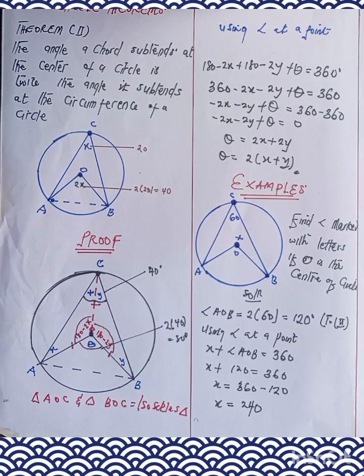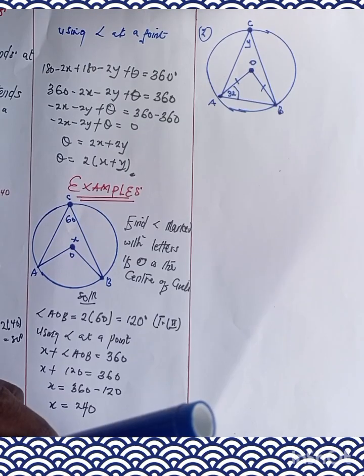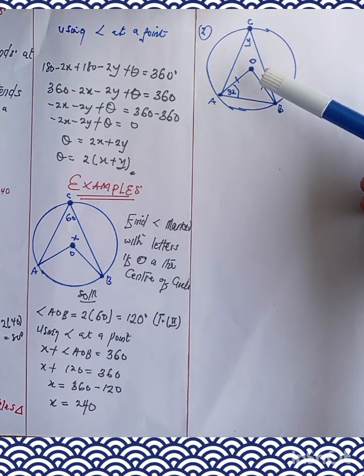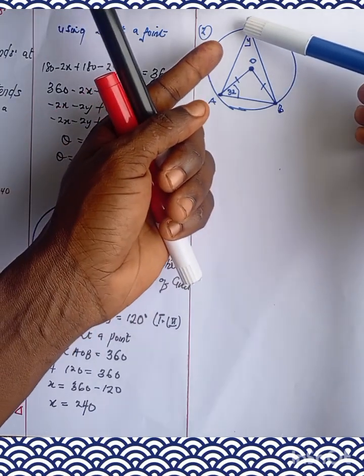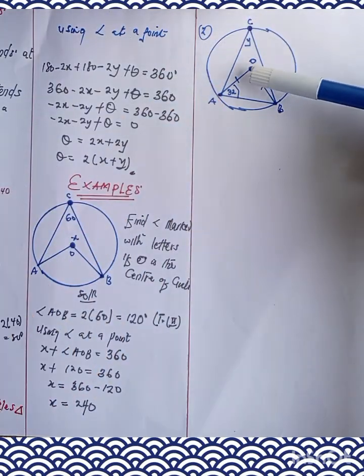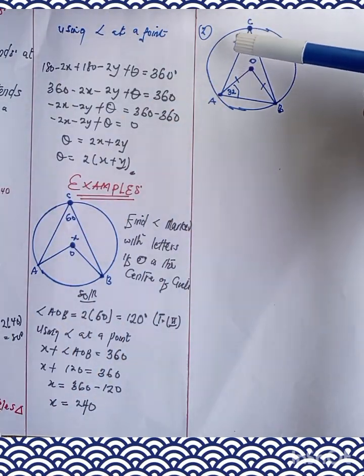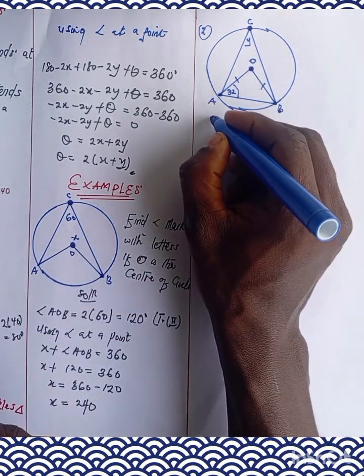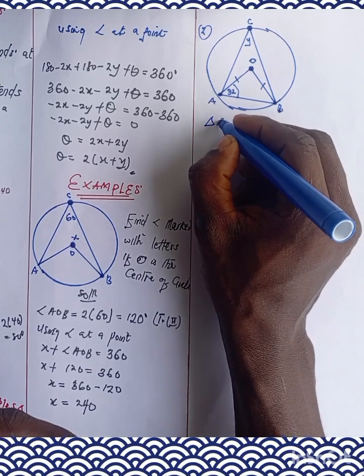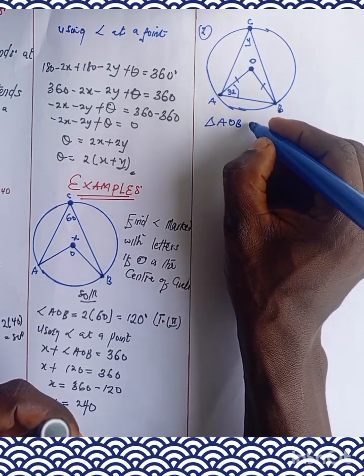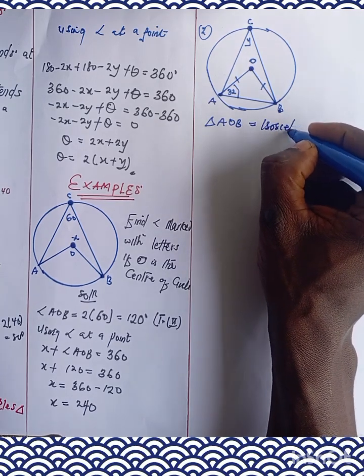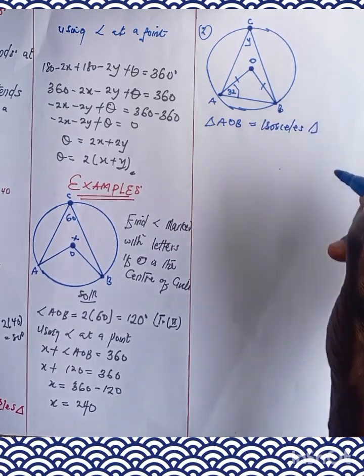Good. Now let's take the next example. So example 2, we have to find the value of y. You can see that we have an angle at the center and then we are having another at the circumference here. So it means that theorem 2 will work here. But you can see that triangle AOB is an isosceles triangle.